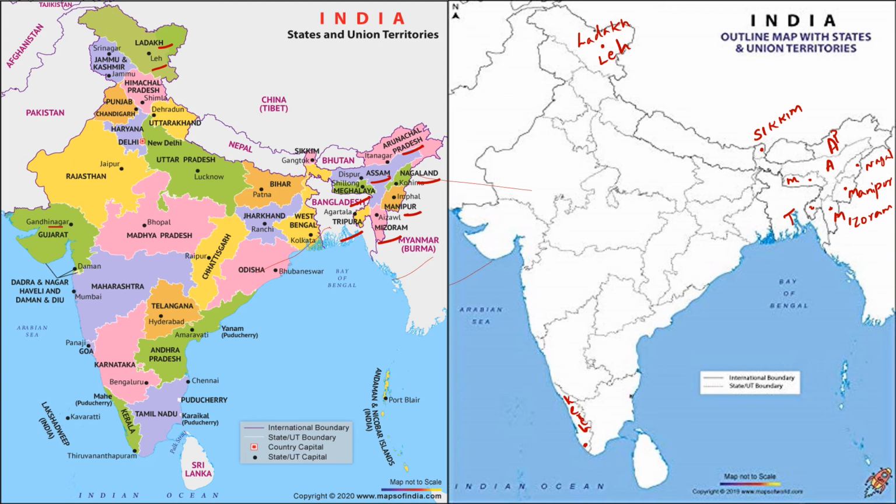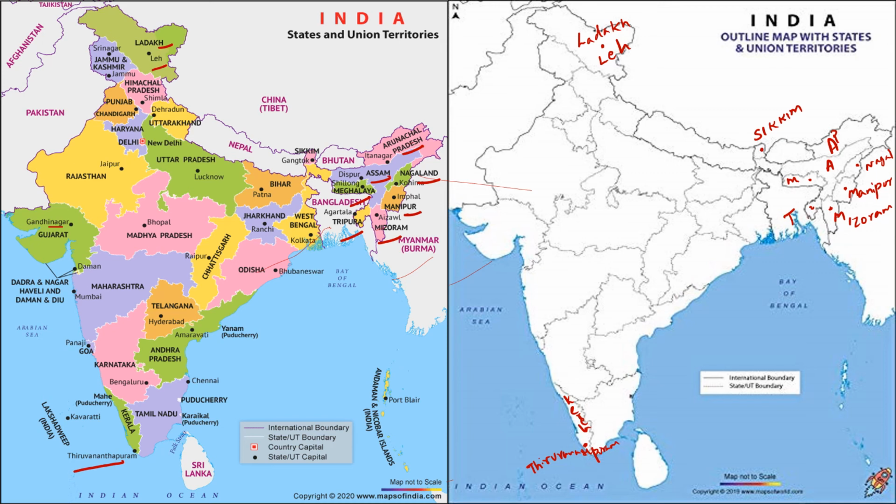Other than that, no need to have any points for the states, because the entire place is a state. For the capital alone, you can give a point. Thiruvananthapuram is the capital of Kerala. Clear? Write in short form. Yes, Thiruvananthapuram you can write here.